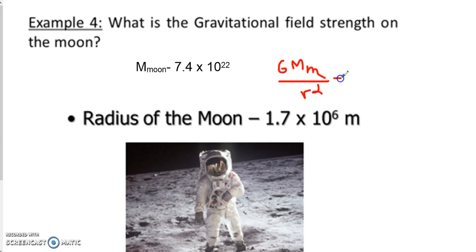So we get a grand total of, let's type this so you can actually see the numbers, 290,341.177. So that's what we get as the gravitational field strength of the moon. Awesome.